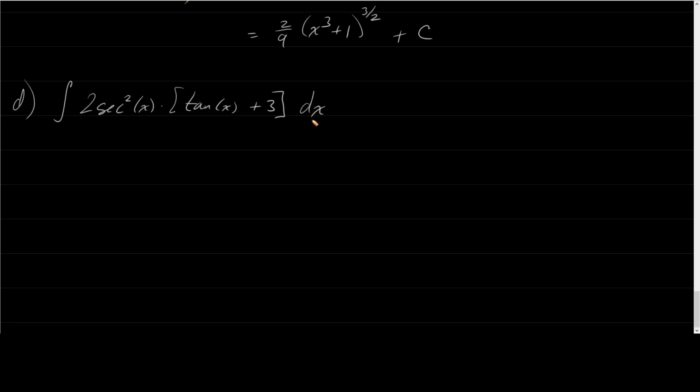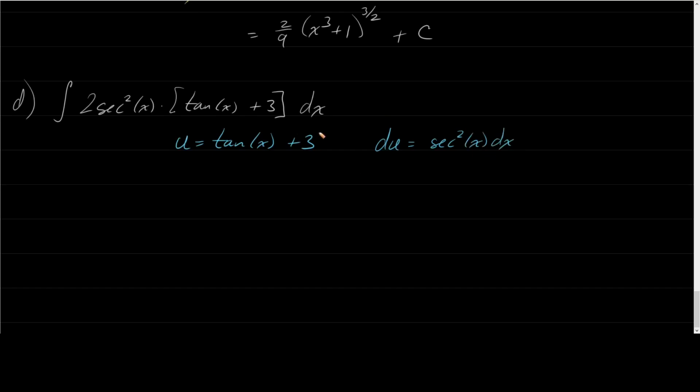Let's look at that tan of x plus 3. I'm going to start with u being tan of x plus 3, which gives me that du would be secant squared of x dx.